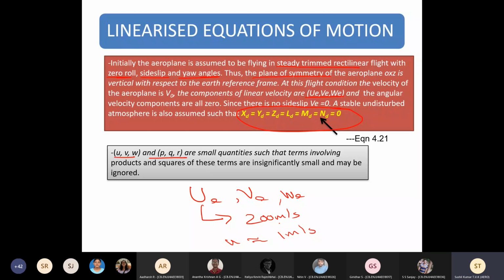Or let us say even 0.1. And if small v is again 0.1, when you multiply u and v, it's a very small number compared to UE times VE. That's what I mean by perturbations. They are all very small quantities about the equilibrium. Initially, the aircraft is at equilibrium, and then we want to do some perturbation.